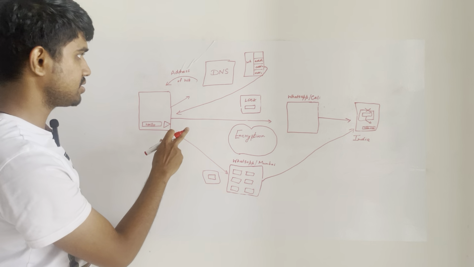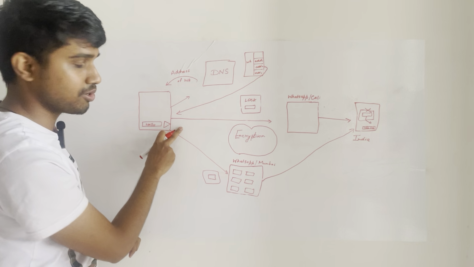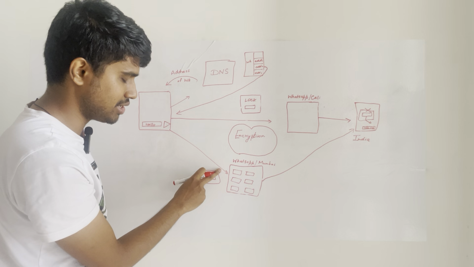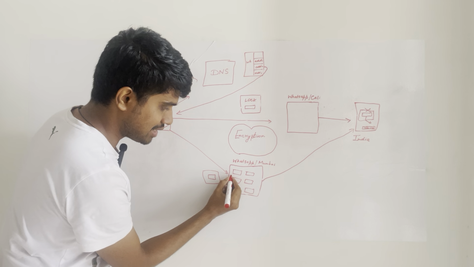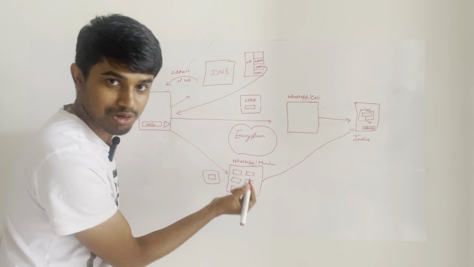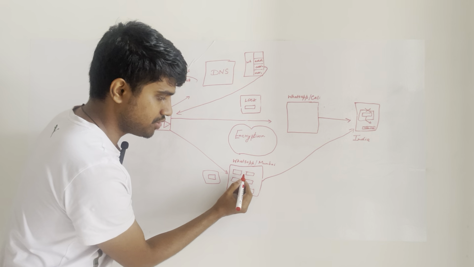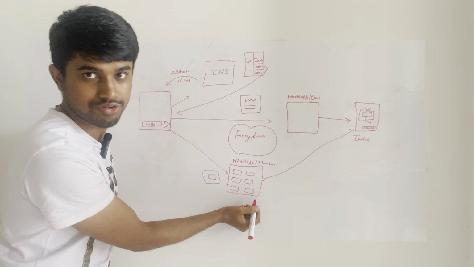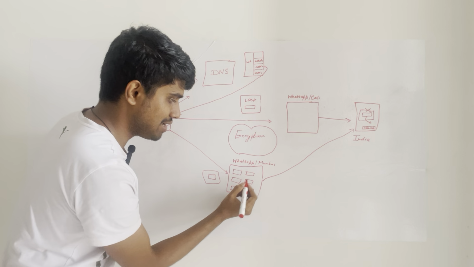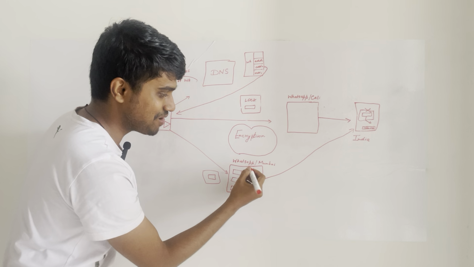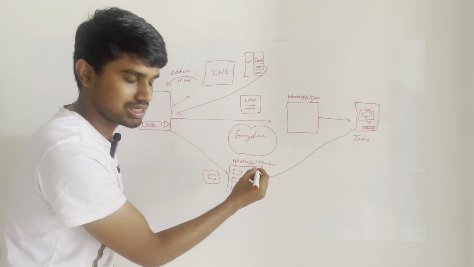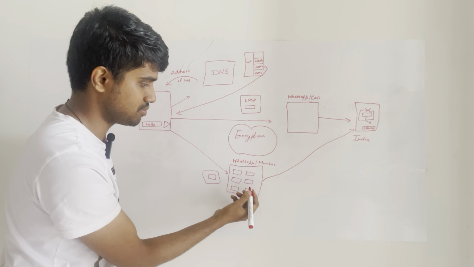So once your DNS says go to this address and your mobile application comes to this address, there is a guy sitting within the WhatsApp main computer, for example, who will say, okay, within these 6 computers, who is free, right? And then he or she will make that request available to one of those systems, right?